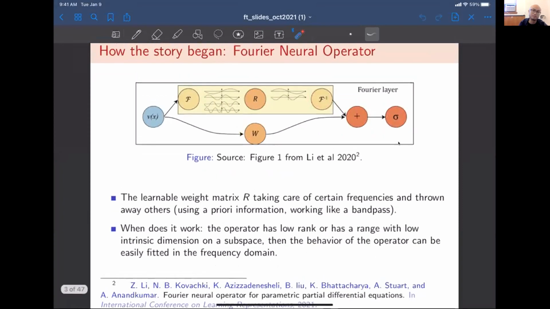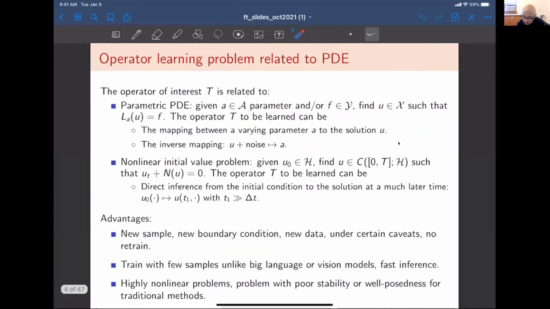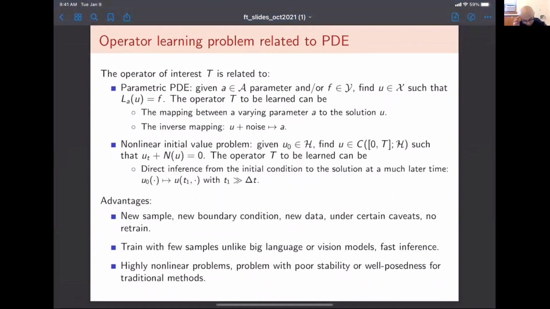It's pretty simple. And this is a question many people are interested in: operator learning related to partial differential equations. We have mainly two problems. The first problem is related to the parametric PDE.